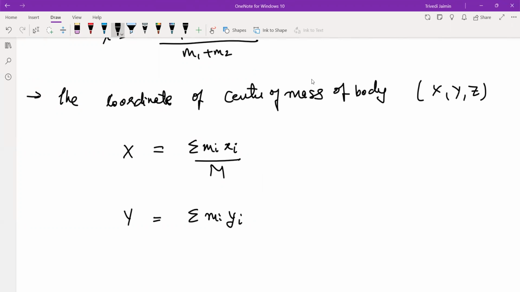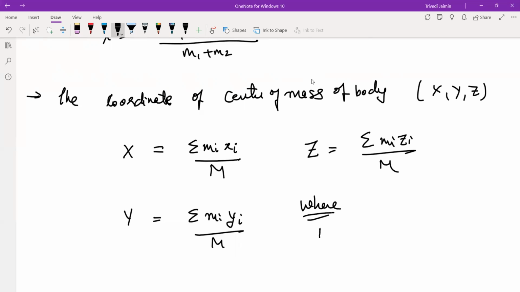Y equals summation of mi yi by capital M, and Z equals summation of mi zi by capital M. Where capital M is the sum of all mi, and mi is the mass of the ith particle.